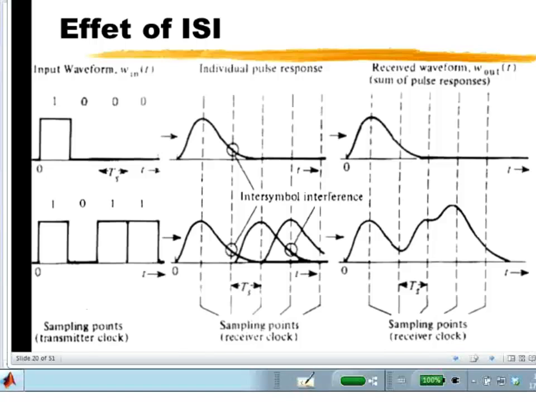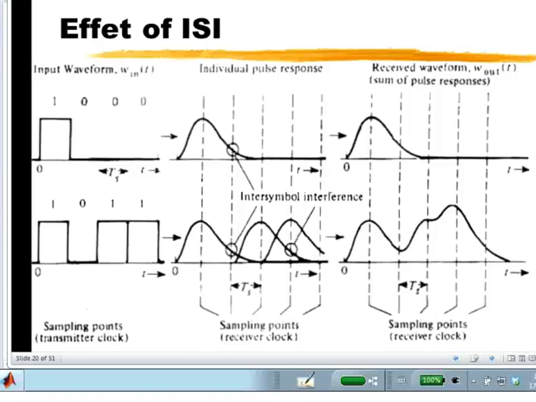And in fact, if we set a threshold at the midpoint of the 0 and 1 levels on the received signal, we can see that sometimes we could make an error. If you notice, the dashed lines indicate the sampling point of the receiver. So at the sampling point, which would normally be at the widest point of the eye opening, we could, even though we had a 0, mistake it for a 1 if the spreading was severe enough.